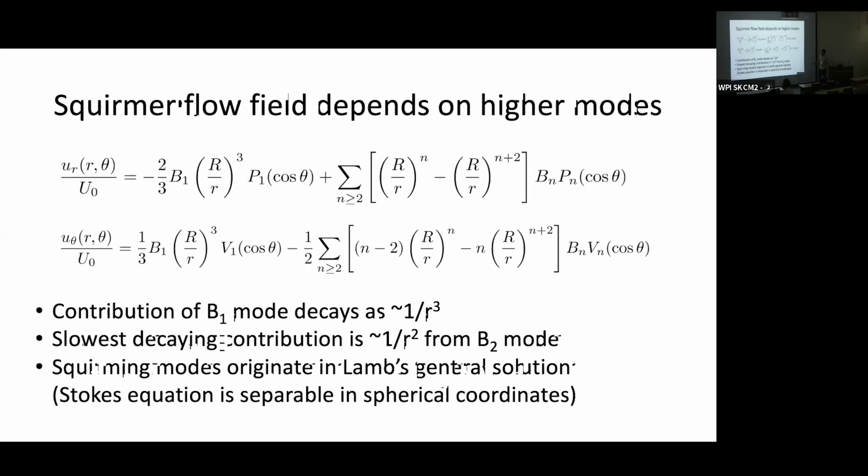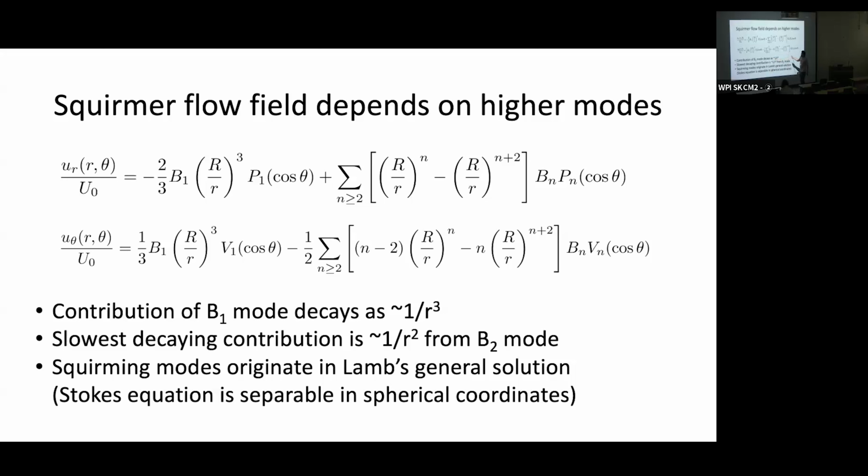If you go further into this, you will find that this is what the flow field looks like. And you see all the squirming modes contribute. This is in spherical coordinates. And actually B1, which is here, is not giving you the slowest decaying mode. The velocity contribution of B1 decays as 1/r².